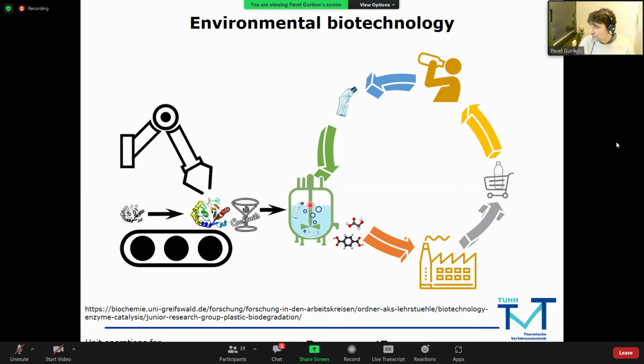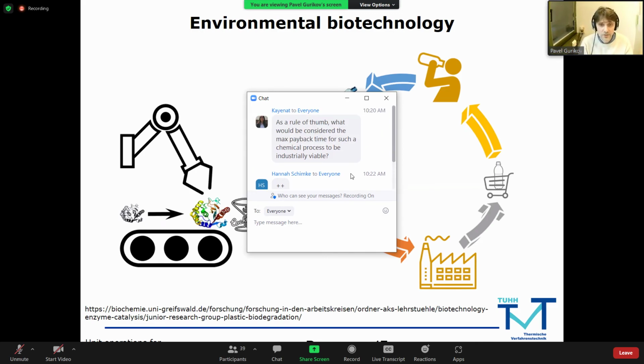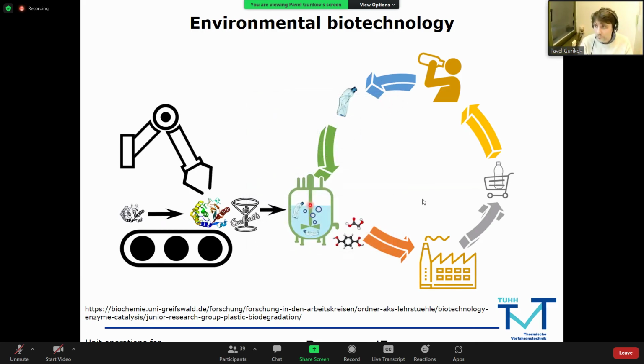Detergents are also a big thing. I don't know whether you know or not, but most of our soaps and detergents now, not only in industry, also in common use, contain enzymes, which cleave some contaminants.